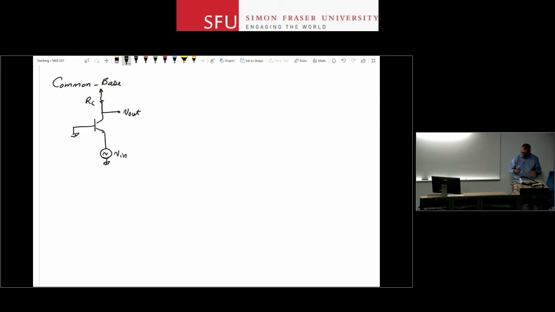And again, we do not include, or we did not include biasing here, but just make sure that you remind yourself that there is always some proper biasing here to keep the device in the active region. So this is your common base stage. We want to analyze this circuit. Go draw the small signal equivalent circuit.